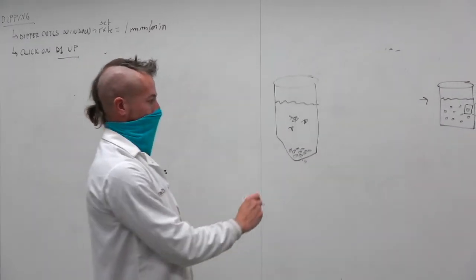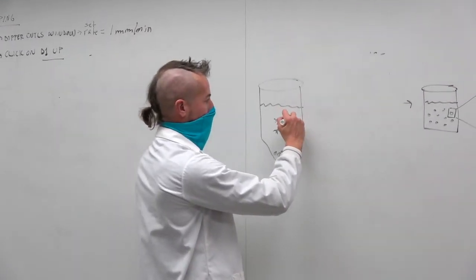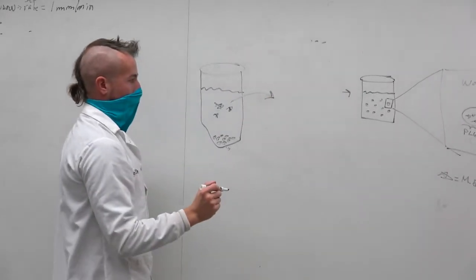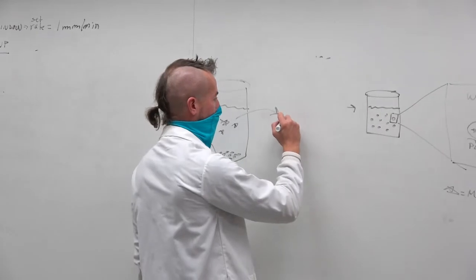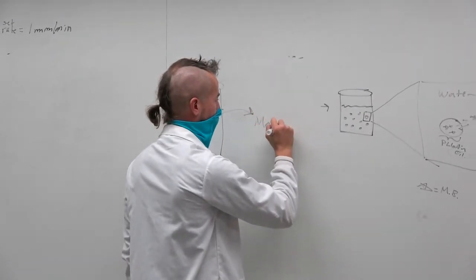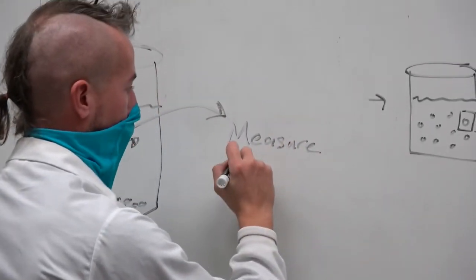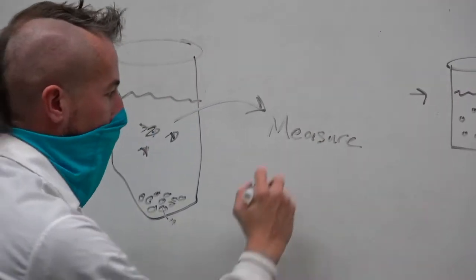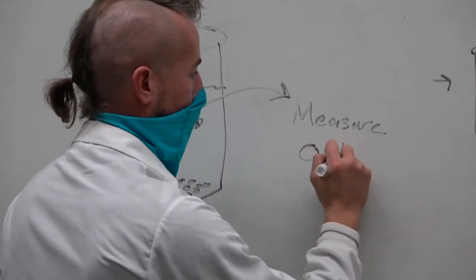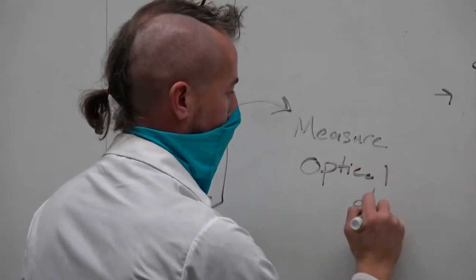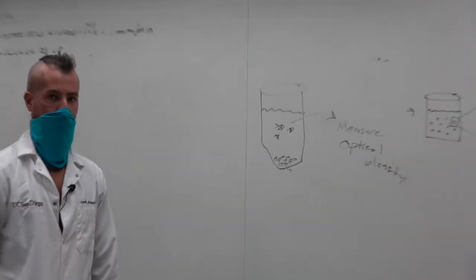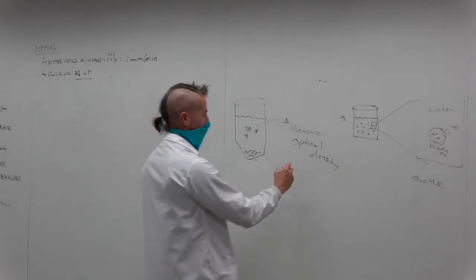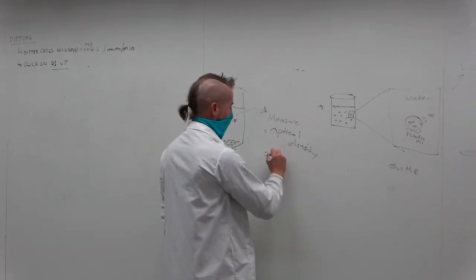So what you're going to do is take this supernatant off and measure the absorbance, or optical density.